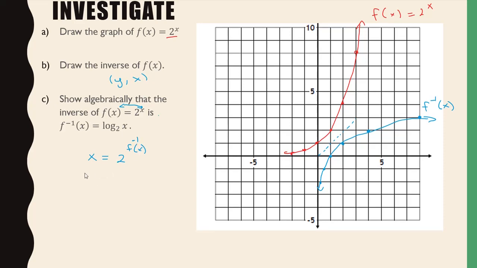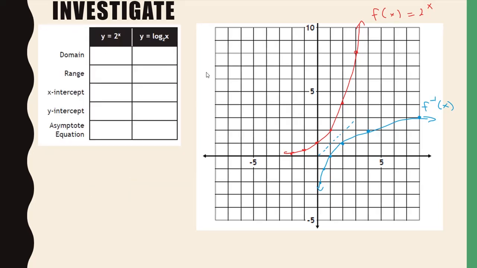And this is our inverse. So we're going to take this exponential form and turn it into logarithmic form. So I'm going to go log of my base, which is 2, and our answer is x is equal to our exponent. And actually right there already we can see that we've now proven that the inverse of this exponential form is actually the log of that form.